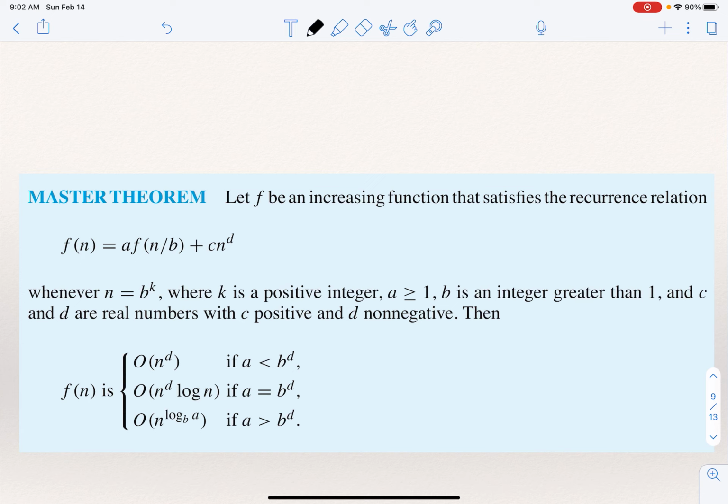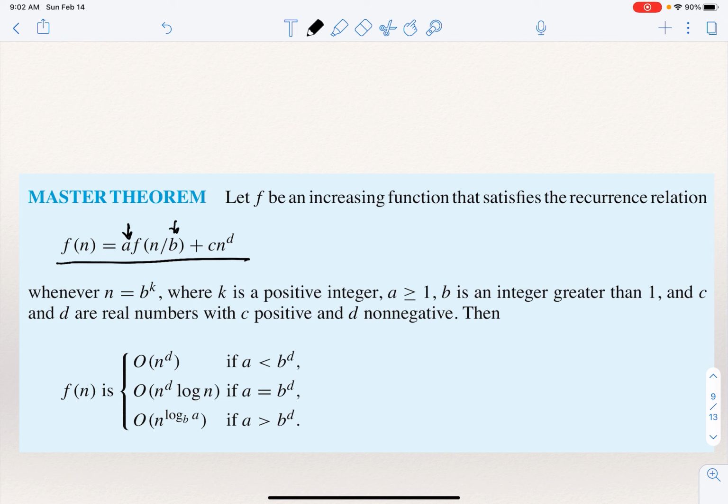So the master theorem says, imagine that your recurrence has this form: f of n equals a times f of n divided by b plus c n to the d. It's very important to notice a few things here. b is the number of instances that you divide your input into. Okay, so in the case of merge sort, b was 2. a is the number of instances that you solve from them.